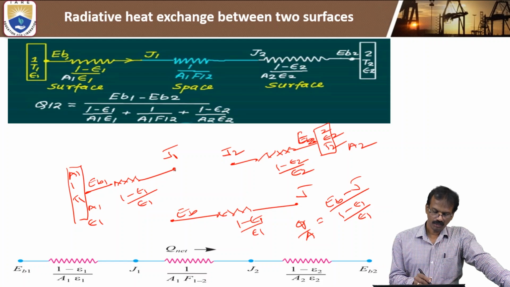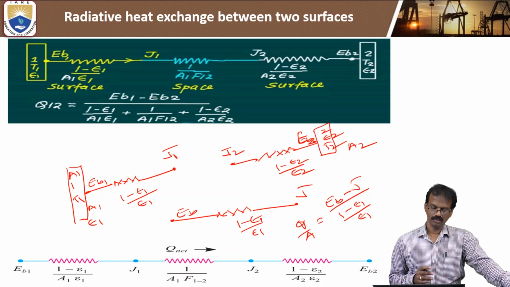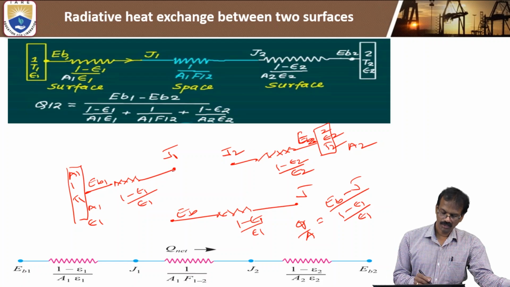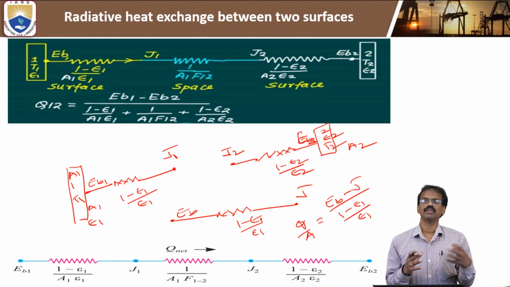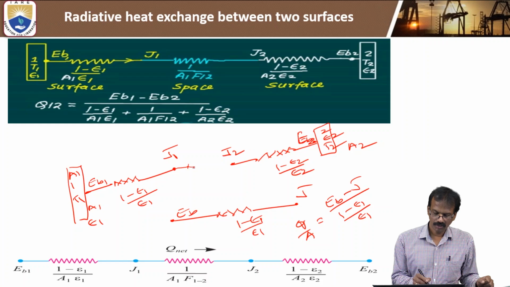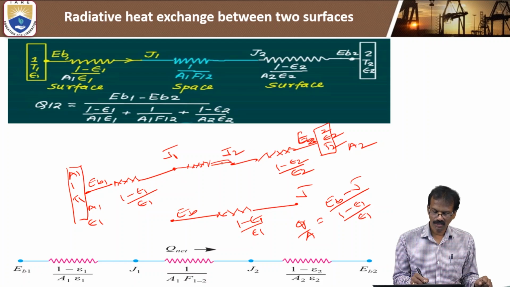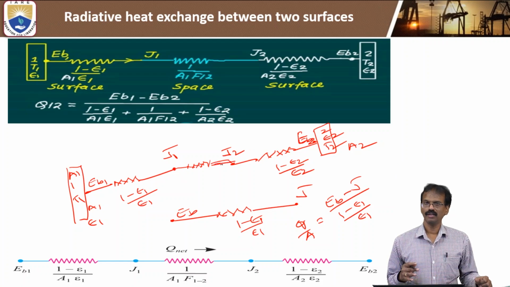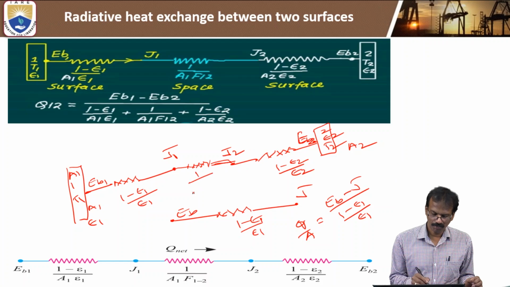Then we have to consider one more resistance, the resistance between J1 and J2, between plate 1 and plate 2. That resistance is nothing but the space resistance. This space resistance depends upon the area and the shape factor, or view factor also. That is nothing but 1 by A1 F12.